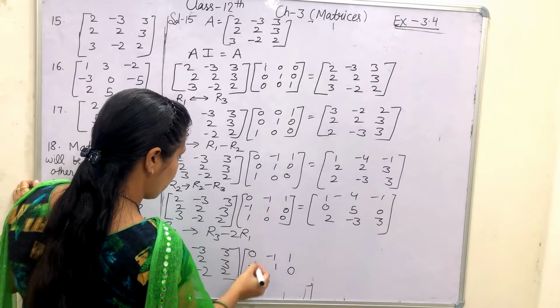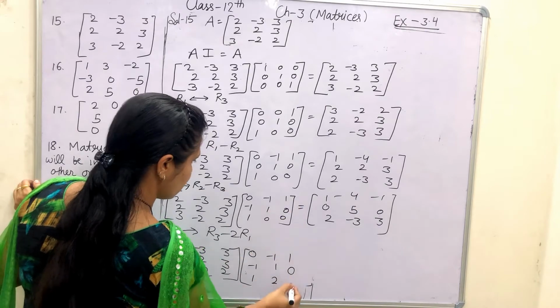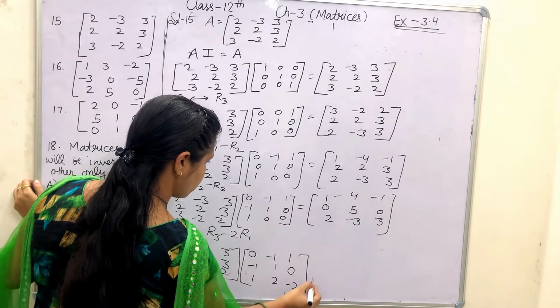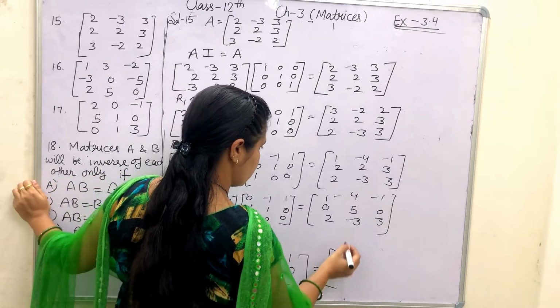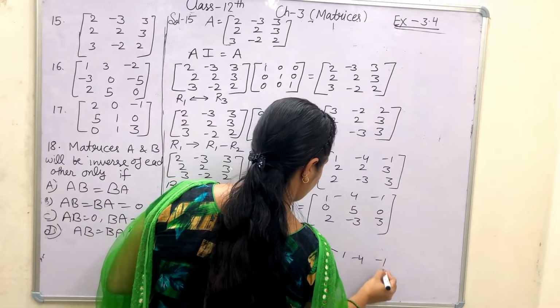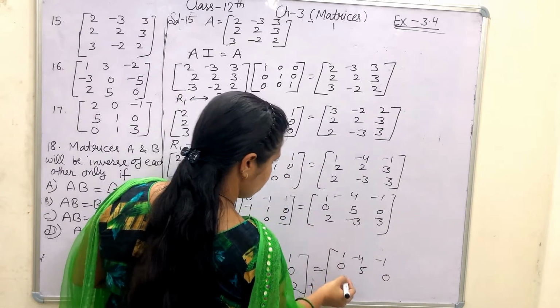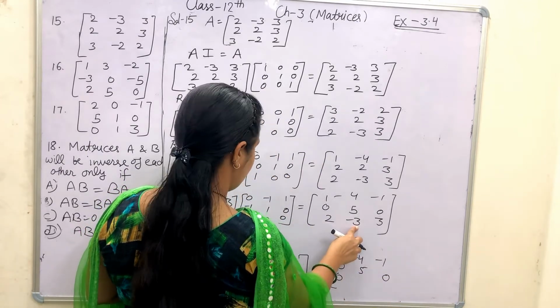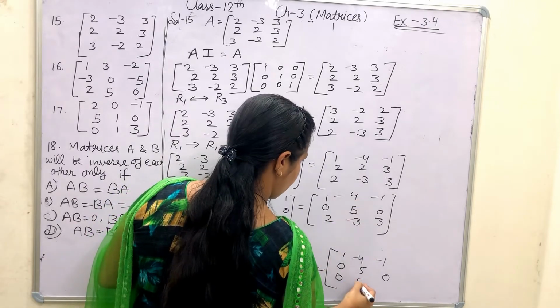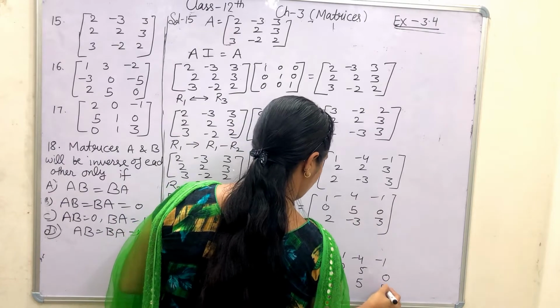R3 minus 2 R1: this one minus minus plus 2, and this is minus 2. Here is R3: 1, minus 4, minus 1, 0, 5, 0, 2, minus 2, 0, minus 3 plus 8 that is 5, 3 plus 2 that is 5.